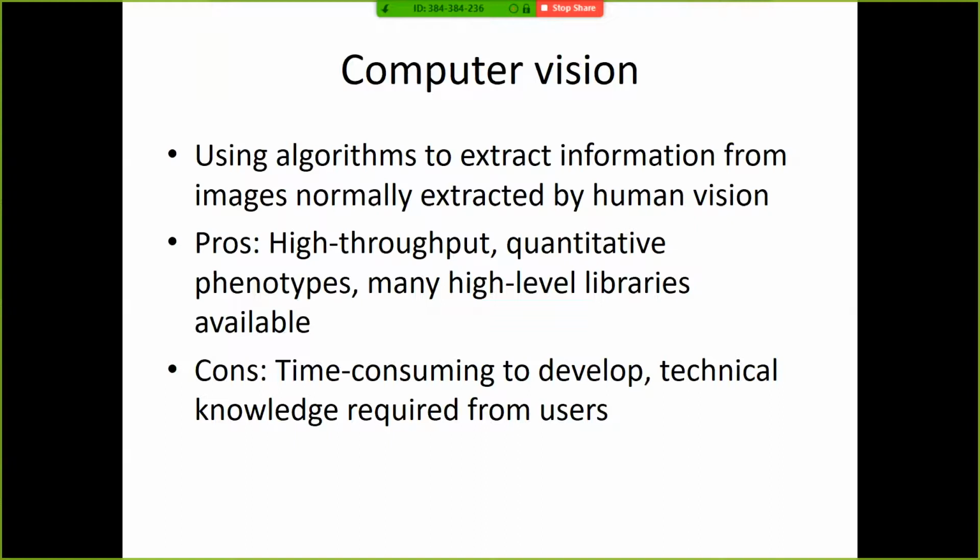For example, the one I used is called OpenCV, or Open Computer Vision. Some negatives with this method are that it's time-consuming to develop, and it requires technical knowledge from the end users, which are the phytopathologists or breeders in this case.